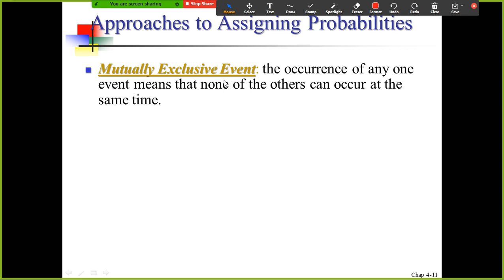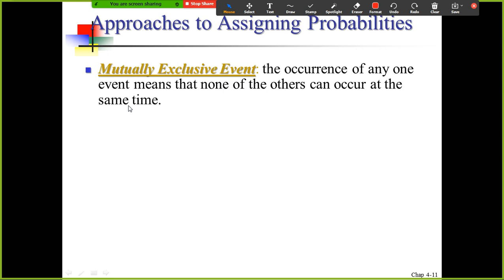I don't know for sure whether the student who gets my ball is male or female, but if a male gets my ball, a female cannot get my ball at the same time. The occurrence of a male getting my ball means that a female cannot get it at the same time, because this is what we call exclusive.